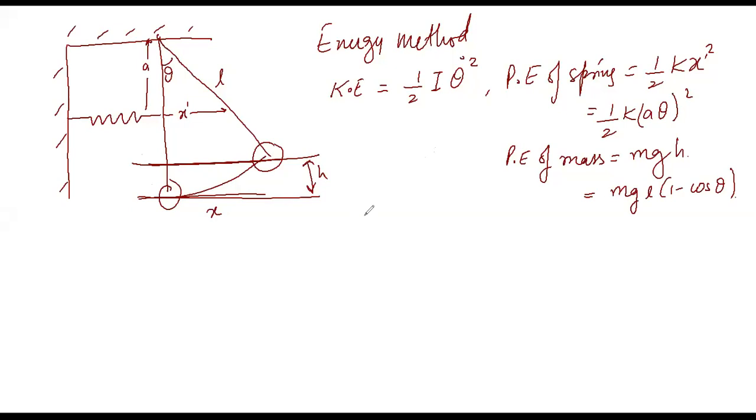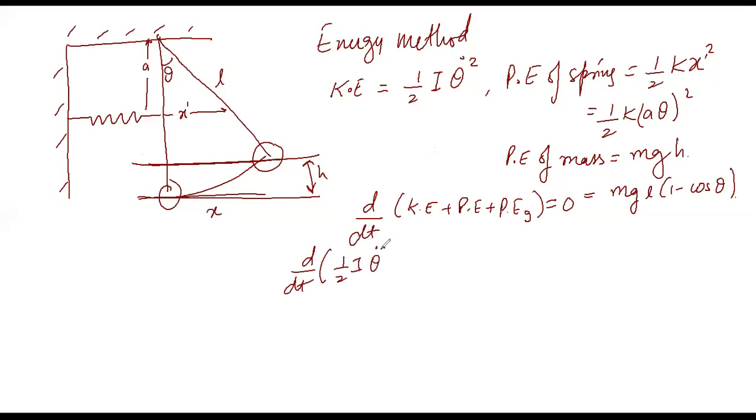So if we differentiate, d by dt of kinetic energy plus potential energy plus gravitational potential energy is equal to 0. So we can write d by dt of half I theta dot square plus half k a square theta square plus mgl(1 minus cos theta) is equal to 0.